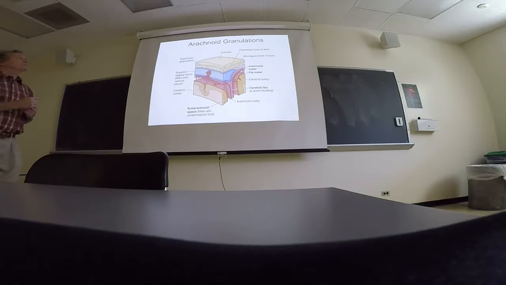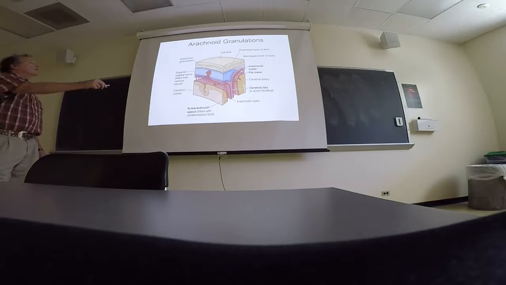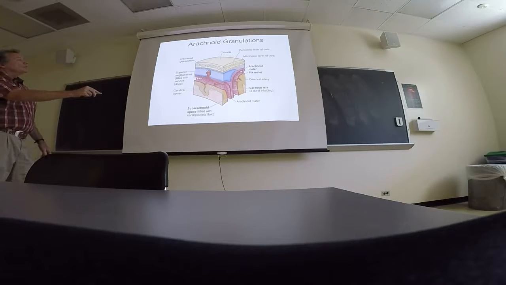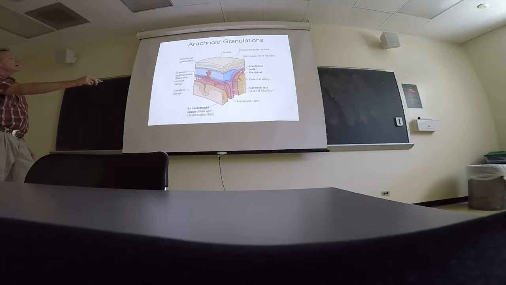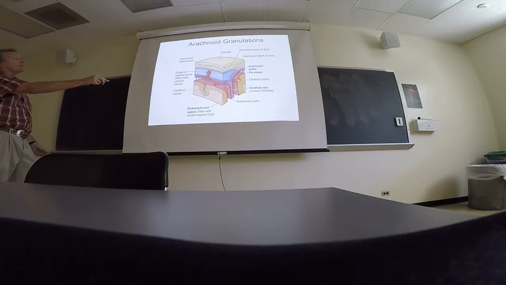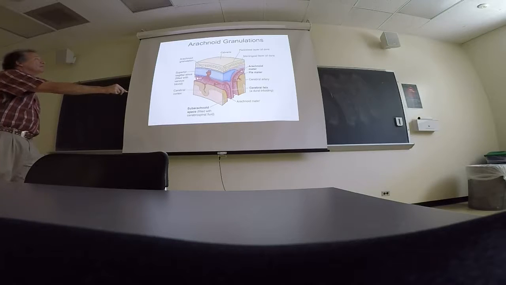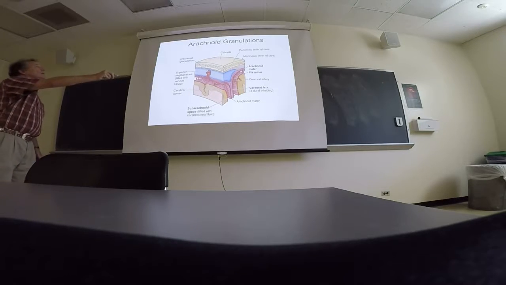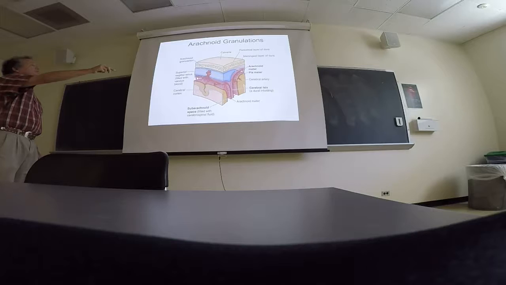The way the cerebrospinal fluid, which is all within this subarachnoid space, leaves the nervous tissue is through these little cauliflower-looking guys known as arachnoid granulations. So the cerebrospinal fluid in the subarachnoid space passes up through these little things that look like bits of cauliflower or broccoli, and they dump into the superior sagittal sinus, particularly out in these lateral legs.